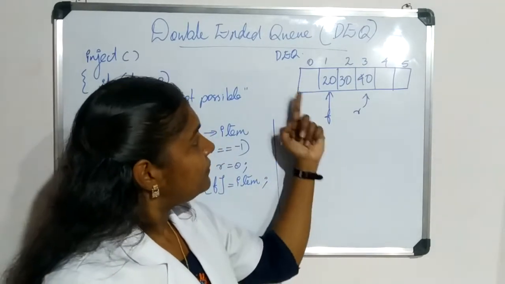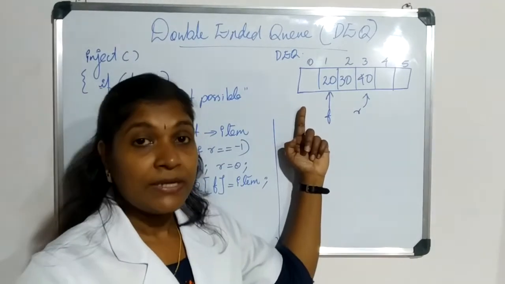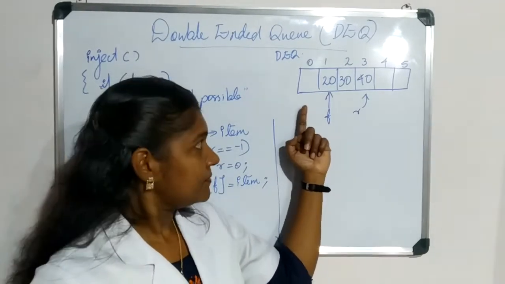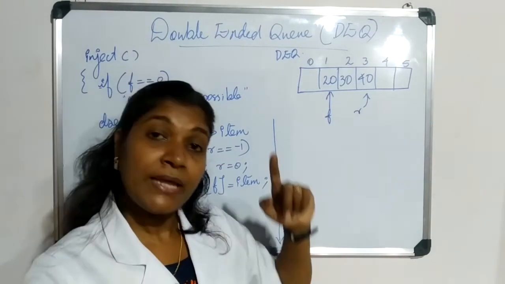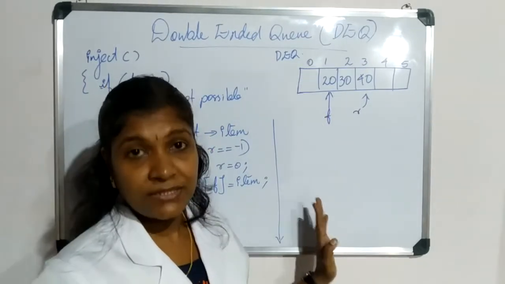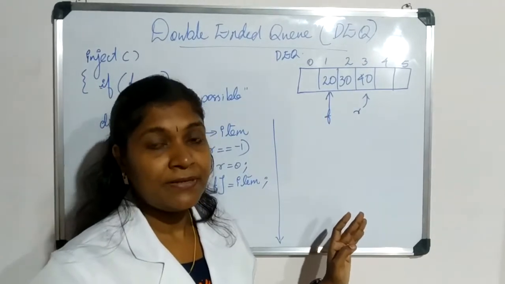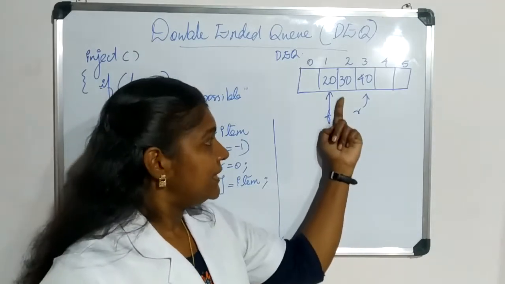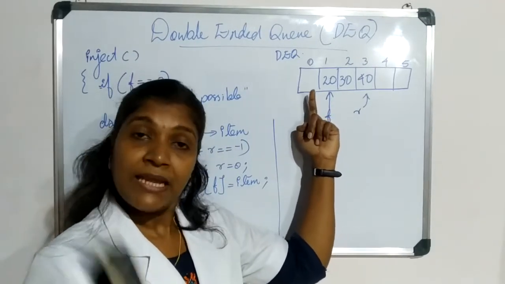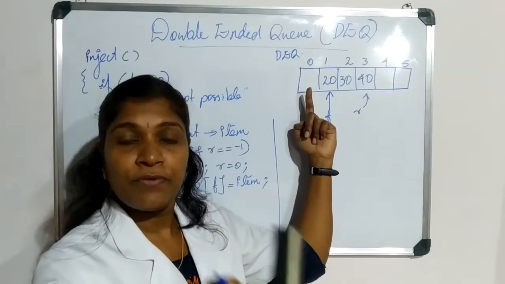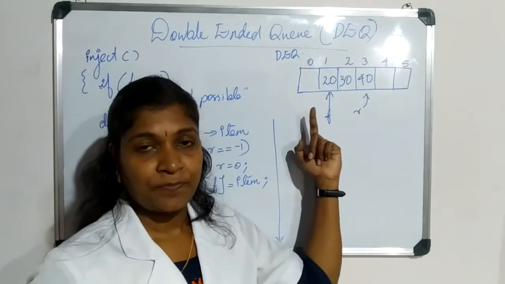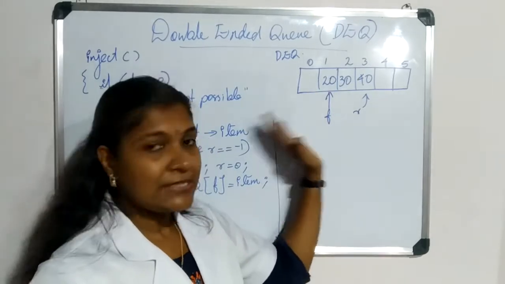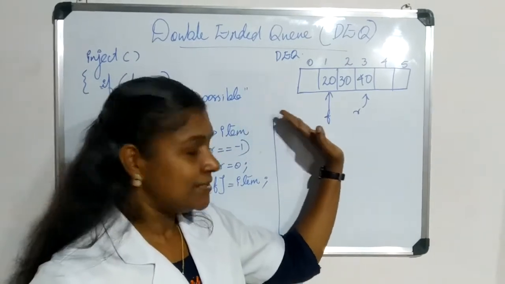So if F is pointing to position 0, inject is not possible. If F is pointing to any location other than 0, then inject is possible. In order to insert that element, we simply decrement the value of F and insert the element: deck of F is equal to item. Clear? This is the case we are considering in inject.